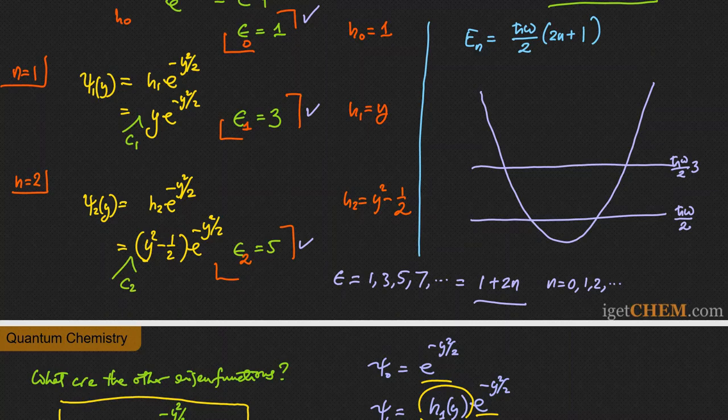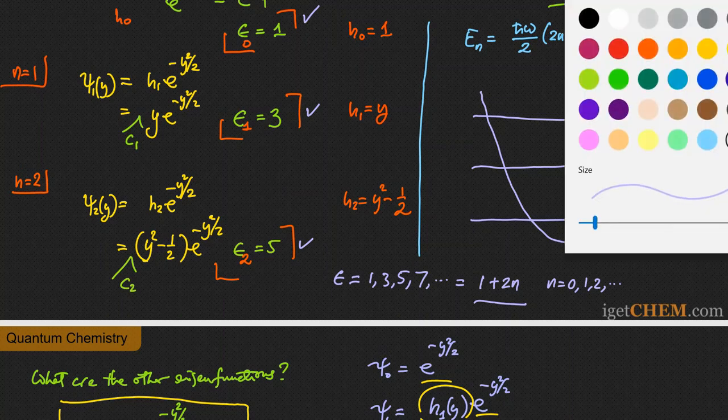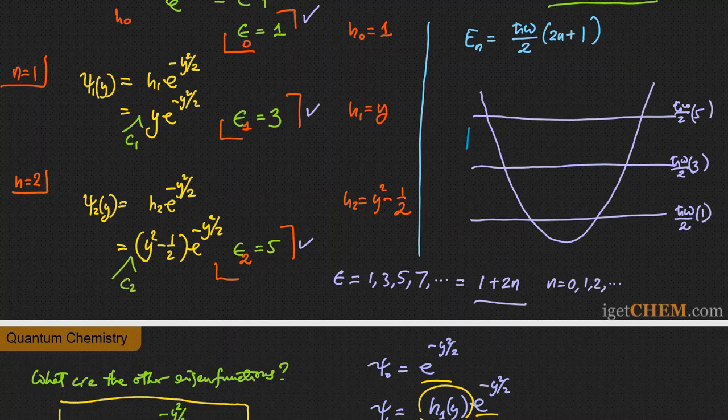And the third one is h bar omega over 2 times 5, and so forth. So 1, 3, 5. And then the spacing, or the energy difference between every one of these, is just h bar omega. So this unit, h bar omega, is called a quanta in the harmonic oscillator. It's basically the amount of energy that it takes to go up to the next eigenfunction.